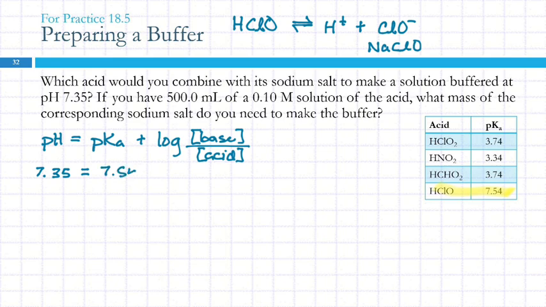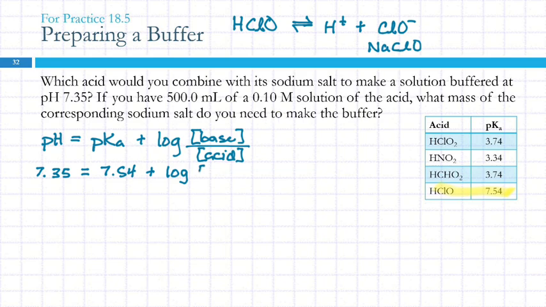7.54 plus the log of, they're asking about the mass of the sodium salt, which is the base. So we don't know this concentration. Do we know the acid concentration? Yeah, it's 0.1 molar.